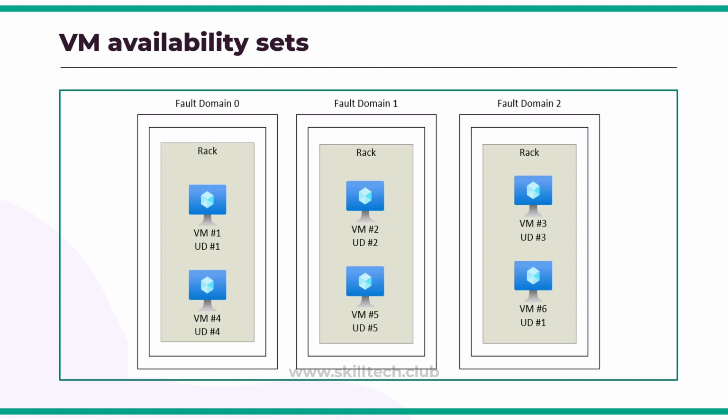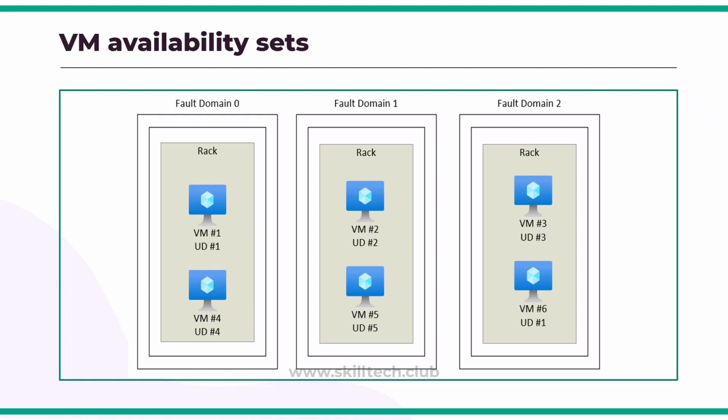But there are chances that we want to do some planned outage also, like updating the operating system of the virtual machine. When Microsoft plans to update the operating system of the virtual machine, they make sure that they separate the virtual machines into separate update domains. You can have 20 update domains inside one data center, where they first take the virtual machines of one update domain and update the operating system of that.